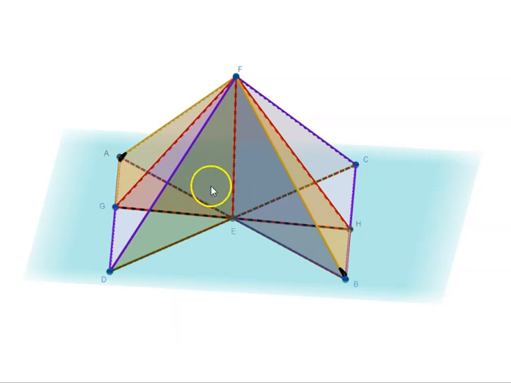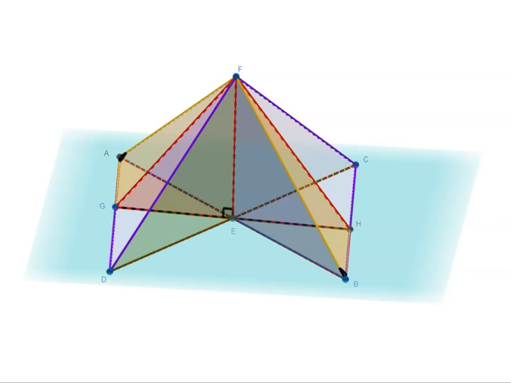And since they are congruent, it means that angle FEG is equal to FEH. And very importantly, you will notice that these two angles are on a straight line. So their sum will be 180 degrees. And since they are equal to each other, that means both of them will be right angles.